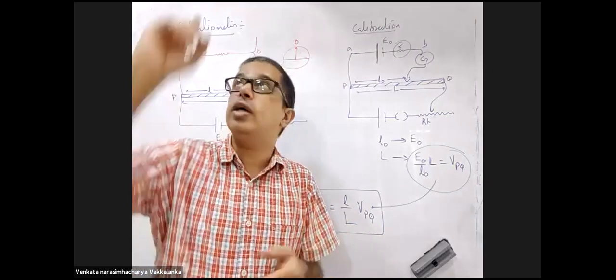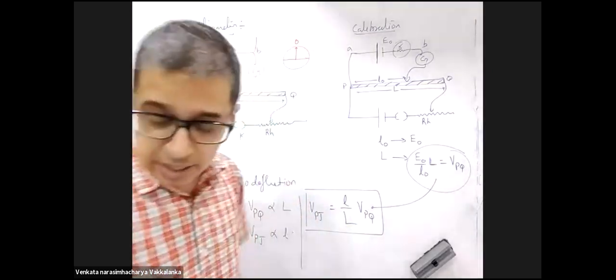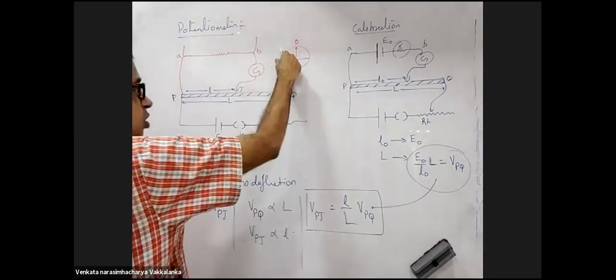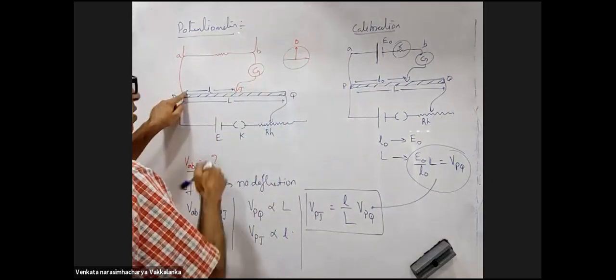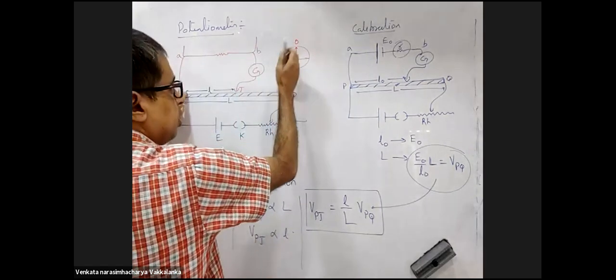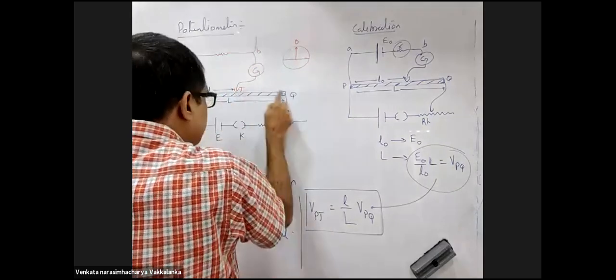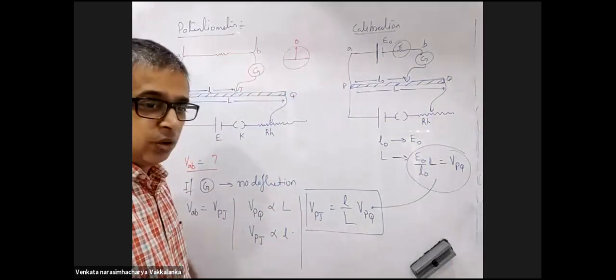Now, how do you know that the potential difference of the wire is greater? Before you start the experiment, place the jockey at this end and then at the other end. When I place the jockey at one end, deflection should be on one side. At the other end, deflection should be on the other side. That means somewhere in between I will get a null deflection. Yes or no?